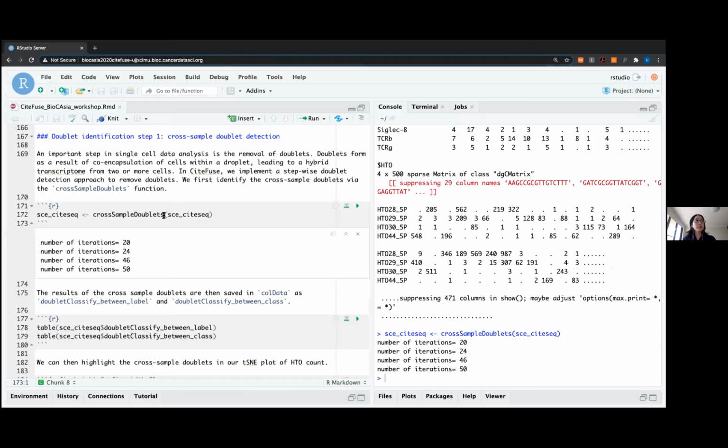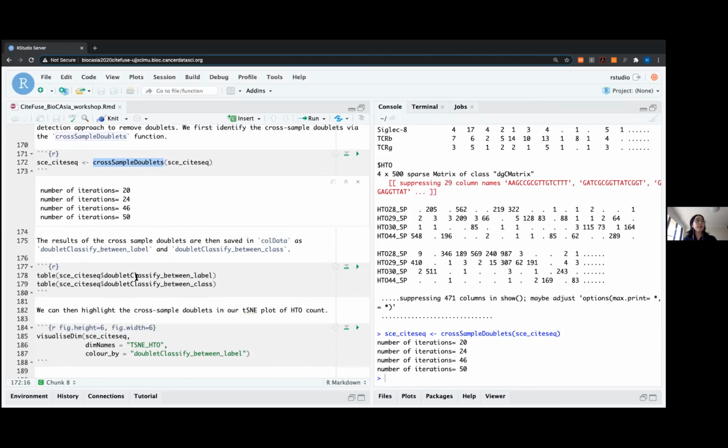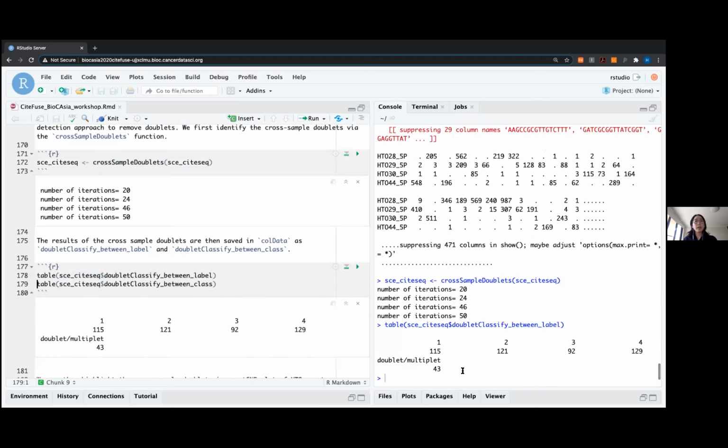So we run this using crossSampleDoublets. So obviously to run this function, you will need to have the HTO expression matrix. And after this function is run, we can go into the colData of the single cell experiment object to see what the labels are.